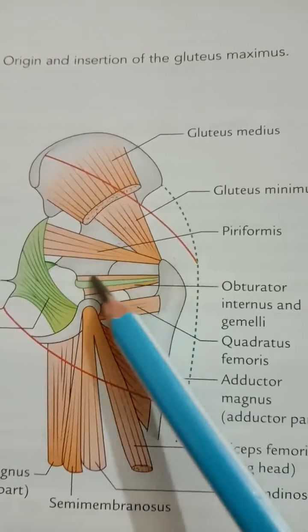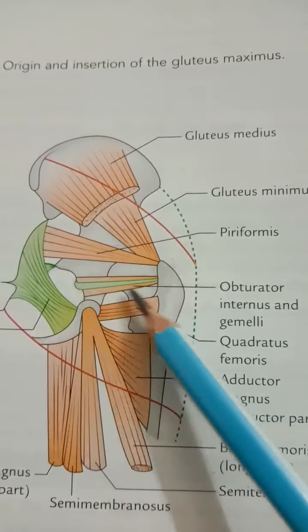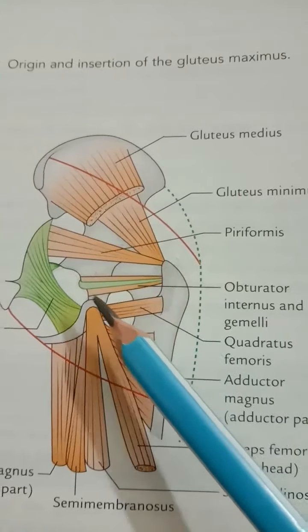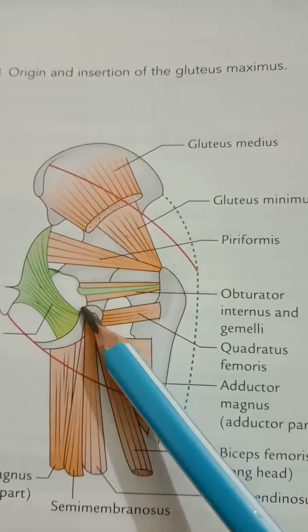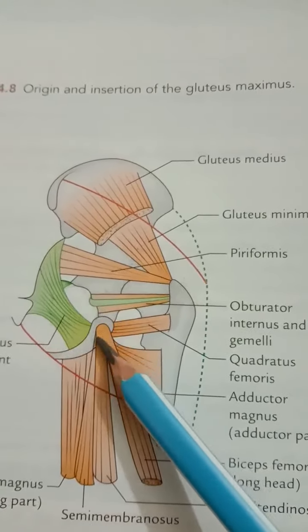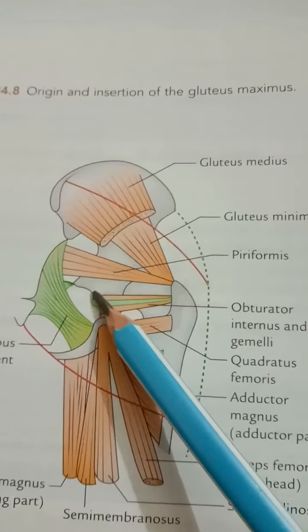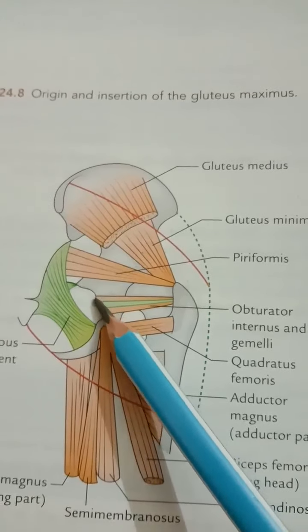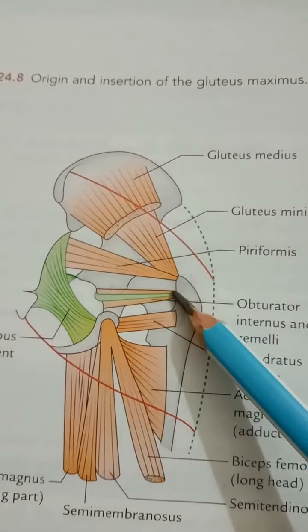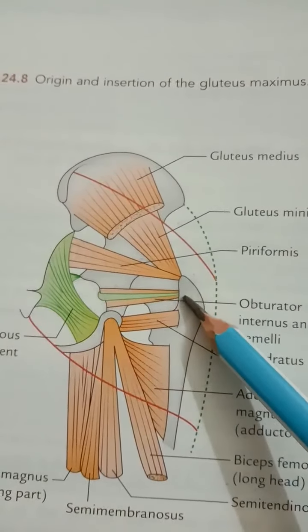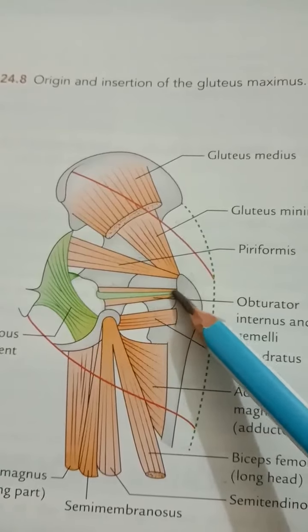The origin of this muscle is the upper part of the lesser sciatic notch. So here you can see the lesser sciatic notch. Then the insertion of this muscle is on the medial surface of the greater trochanter of the femur.